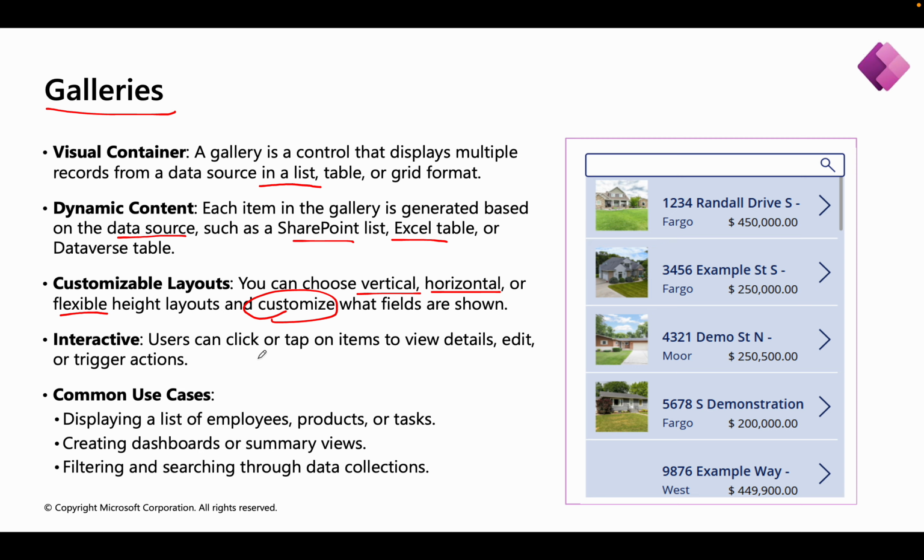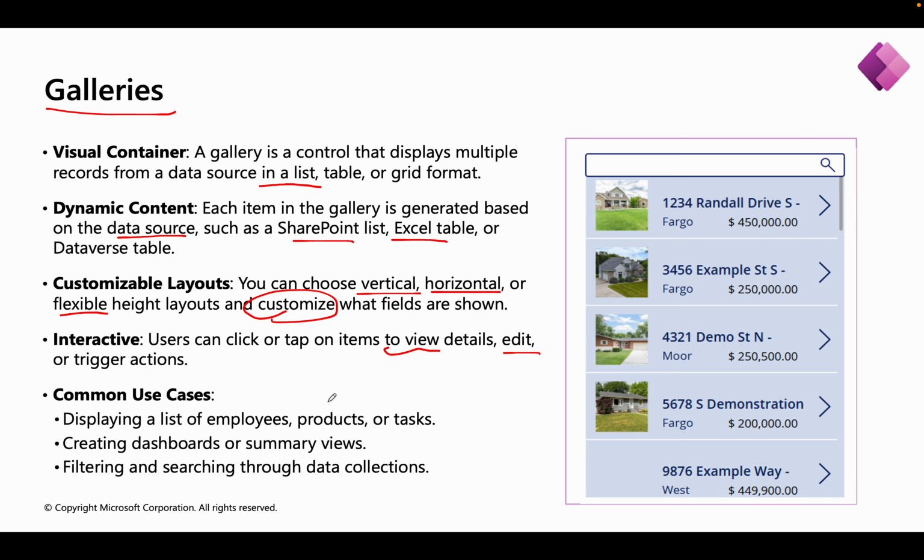Inside the gallery, you can click and tap the item to view the detail. When you click the item, you may view the detail or edit the detail inside the other elements, for example, the phone element.